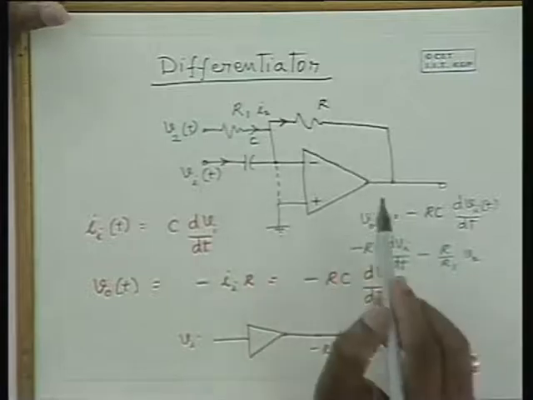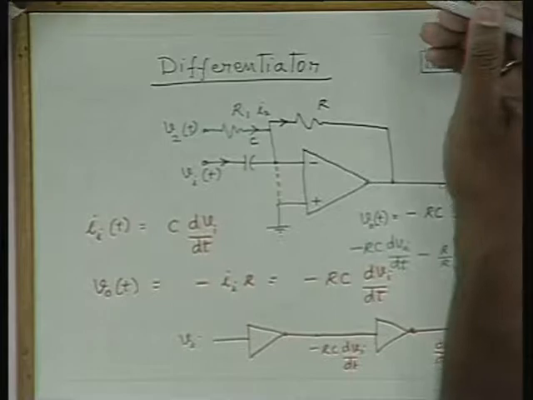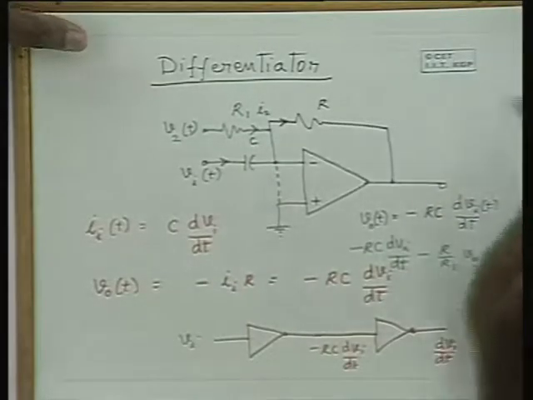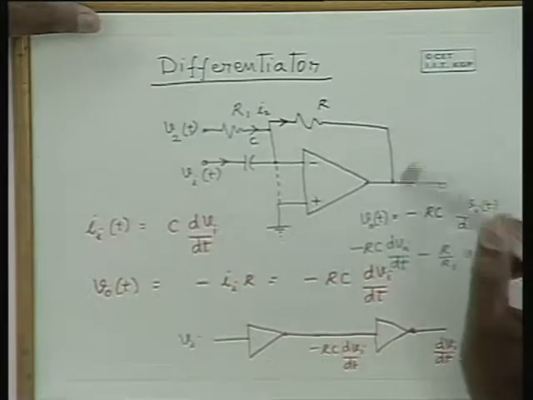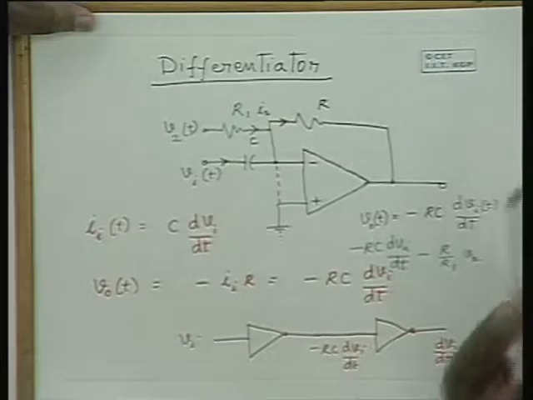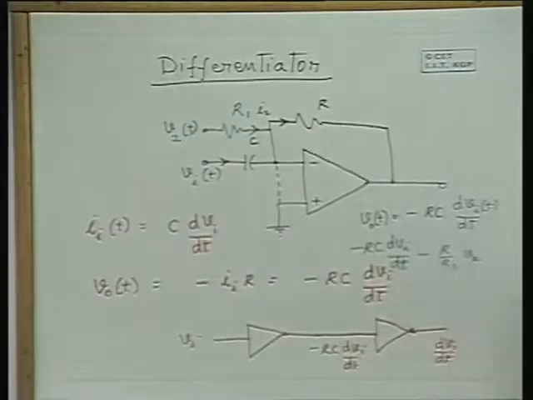So like this you can have different kinds of combinations that can be used, and please note that you can solve differential equations using operational amplifier circuits. You apply an input and you will get an output where the input-output relationship is a differential equation.